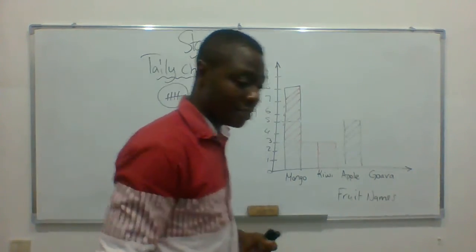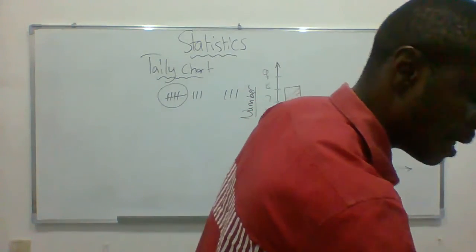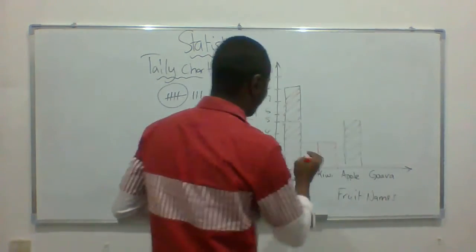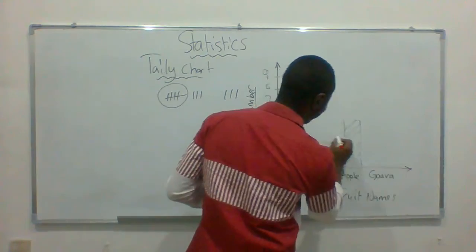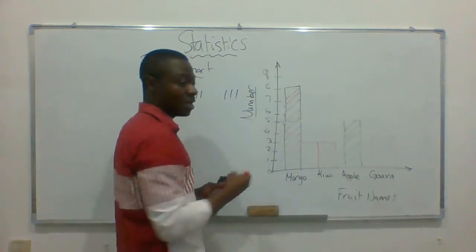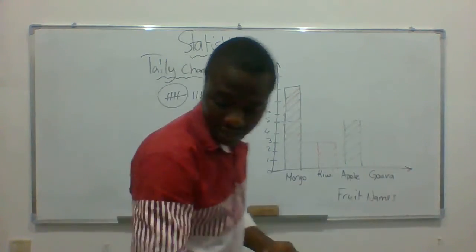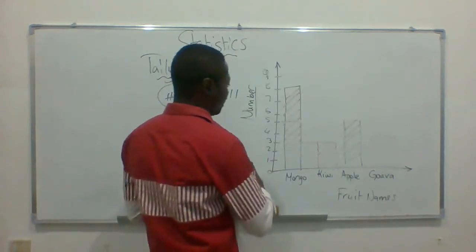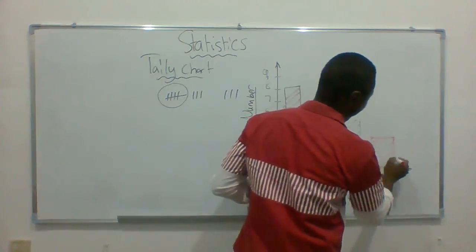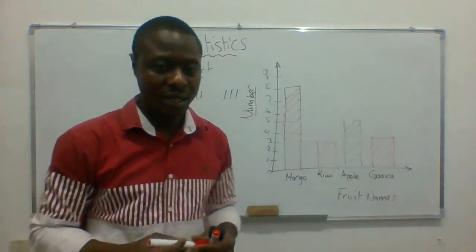Now, let's continue. The last fruit is guava. How many guavas? It says 4 guavas. So it's going to reach this level for guava, the 4 level, because there are 4 guavas. So this represents the guavas. Great.